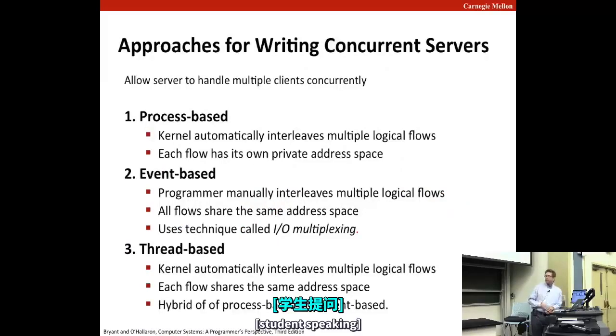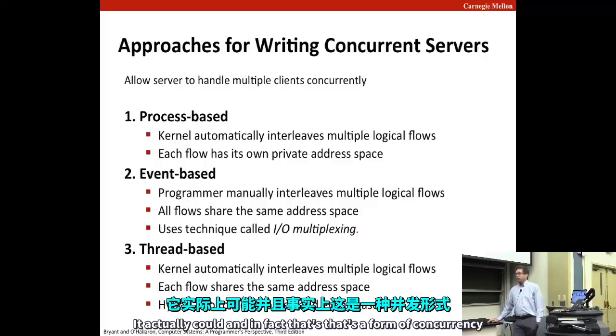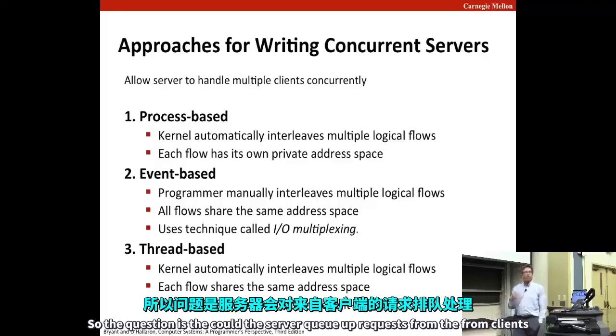Yes? For an iterative server, could it queue up reads from multiple clients, say 4 or 5? If there are other clients trying to connect in and send their writes over, could it queue up all of those? It actually could, and in fact, that's a form of concurrency. So the question is, could the server queue up requests from clients?